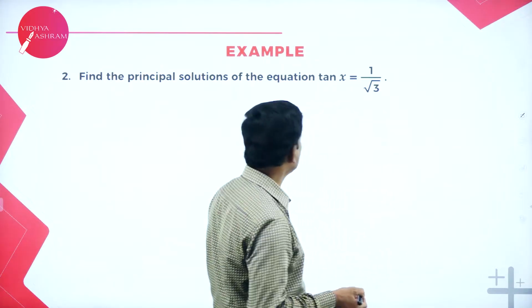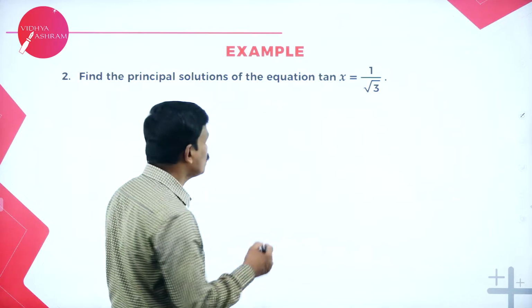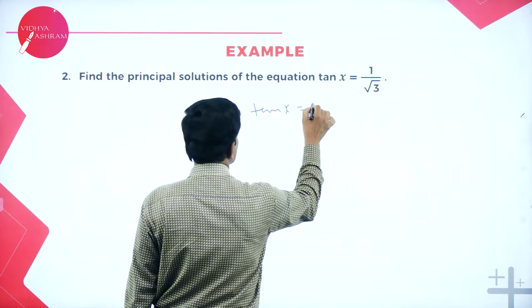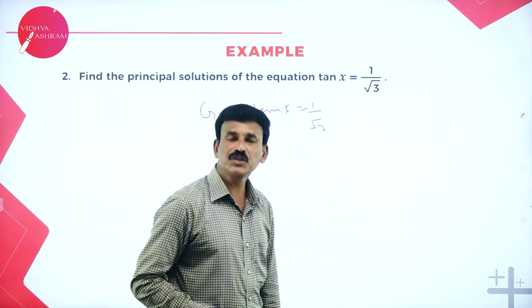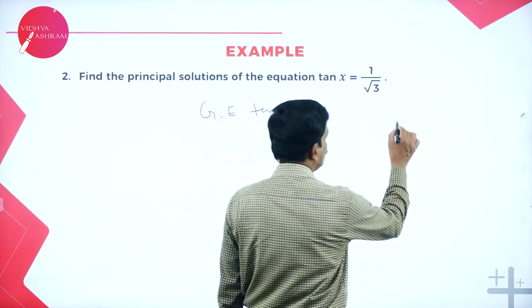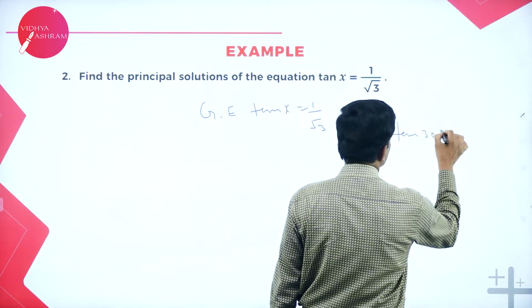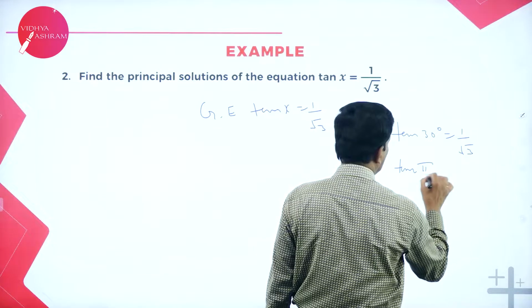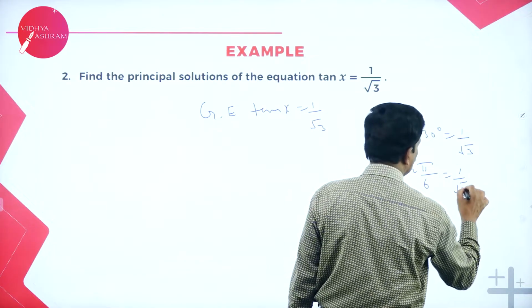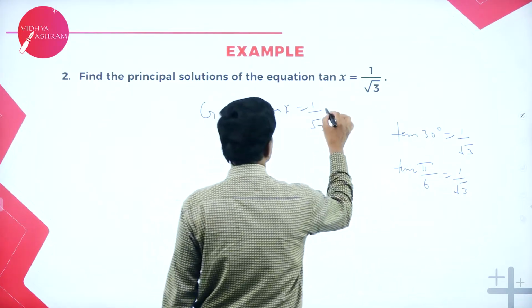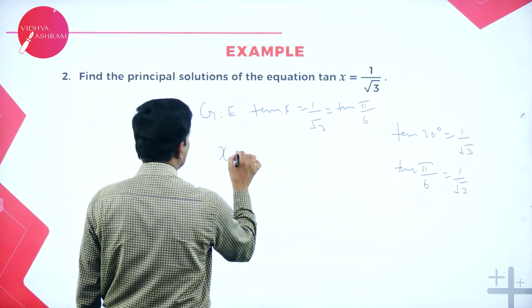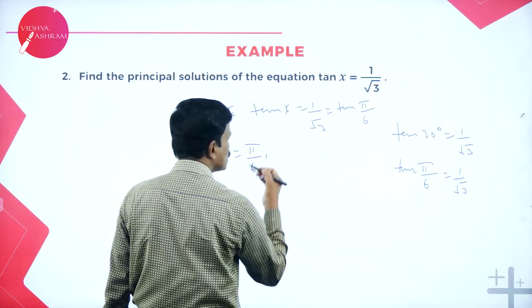For what value of x is tan x equal to 1 by root 3? Since we know that tan 30 degrees is equal to 1 by root 3, that is tan of pi by 6 is equal to 1 by root 3. So one value of x is pi by 6.